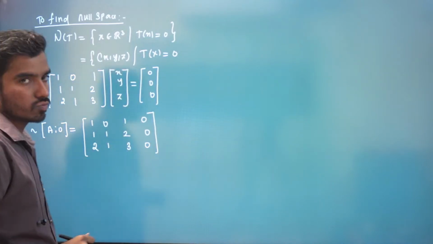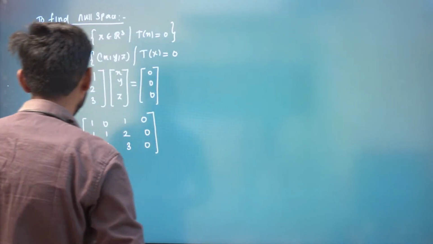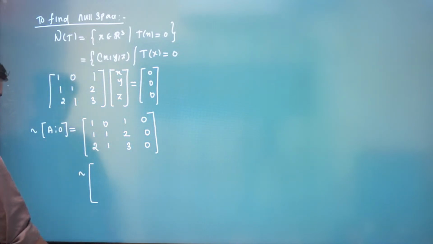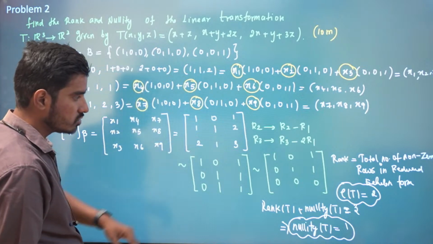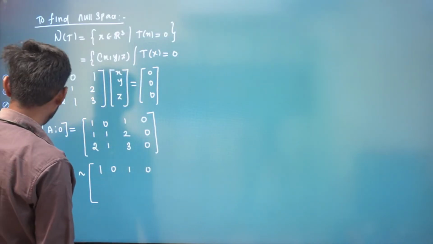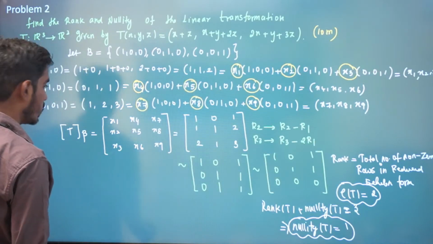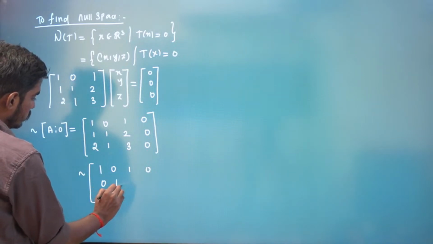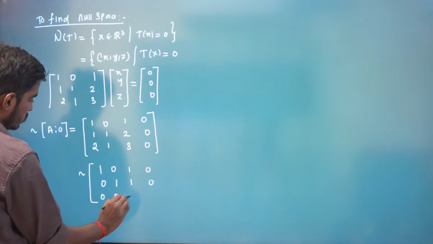You have to solve this homogeneous system, so reduce to row echelon form. Already we know the row echelon form, which is 1, 0, 1, 0, then 0, 1, 1, 0, and 0, 0, 0, 0.